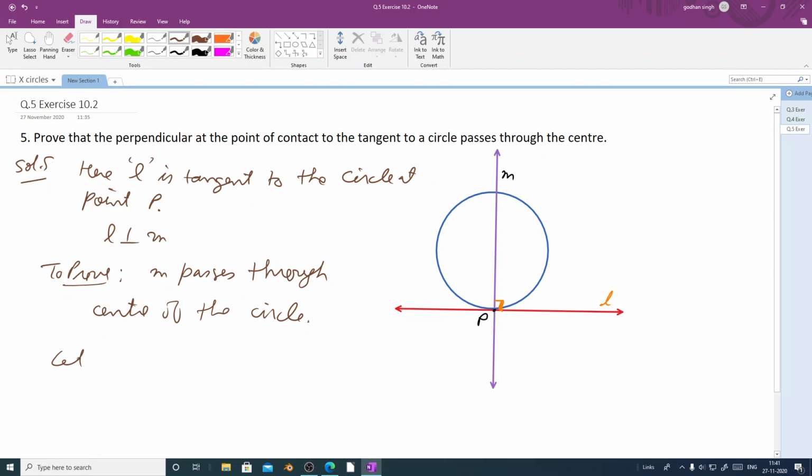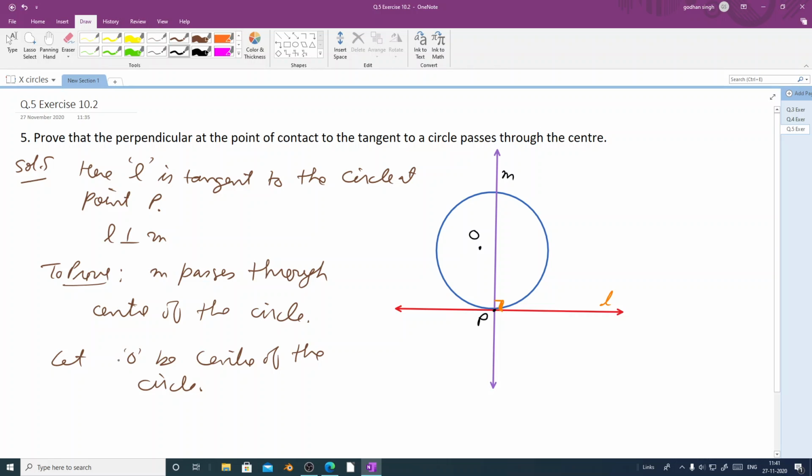Let O be the center of the circle, and we do not know whether it lies on M or not. For the time being, let us suppose that it is not lying on the line M. So, let this be point O.